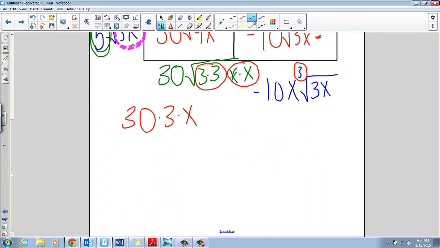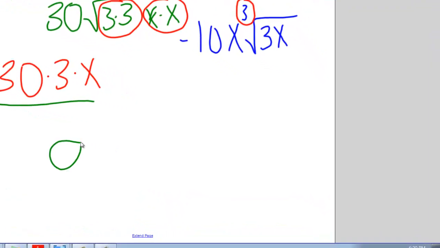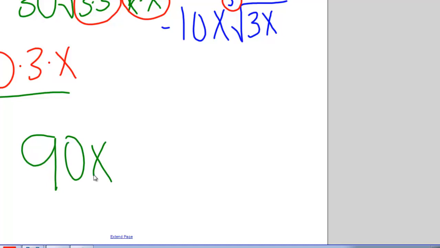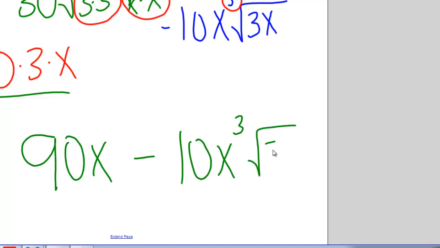So to put it all together, this guy is going to multiply to be 90x. These are separated by a subtraction sign. And this is just 10x cubed root 3x.